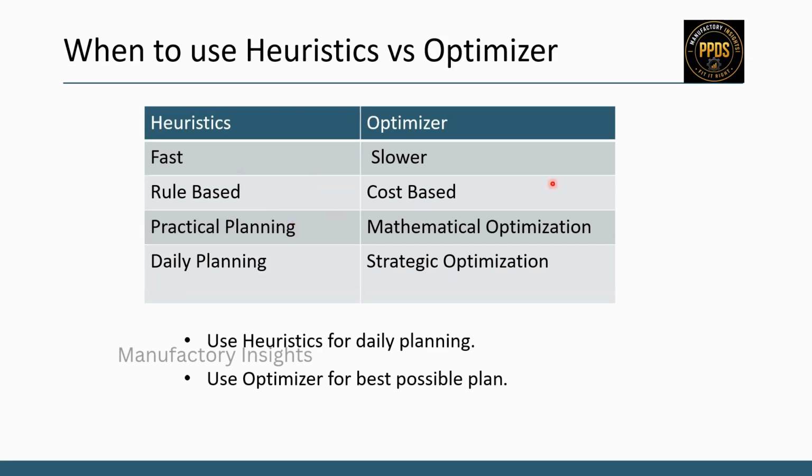Optimizers, on the other hand, evaluate multiple alternatives and calculate the best possible solution based on cost and penalty settings. A simple way to remember this is: heuristics provide a fast, practical plan. The optimizer provides the best mathematical plan. In many organizations, both are used together.